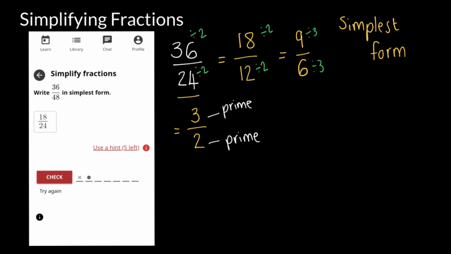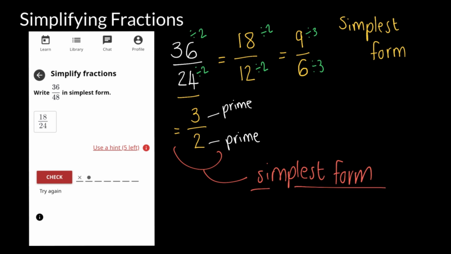So in this case, because both of them are prime numbers, I can't actually simplify any more. So this that we're looking at over here is its simplest form, like what they're asking in this particular question. Okay, so it's very important for us when we're looking at the simplest form to get to the smallest part of that equation. So we're going to divide and divide and divide until we can't divide any more.